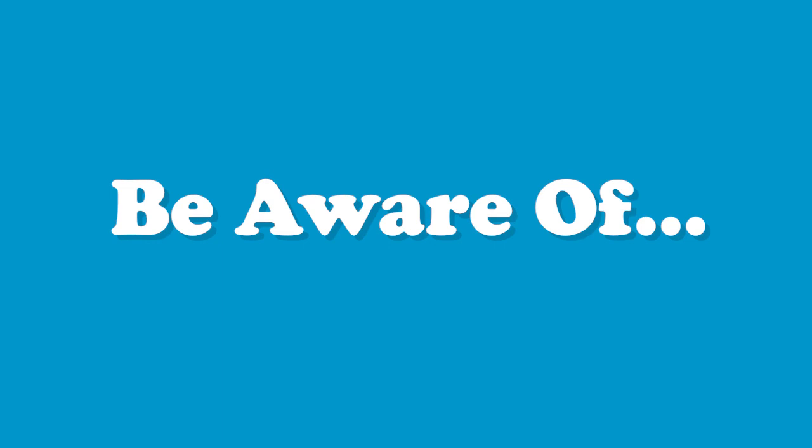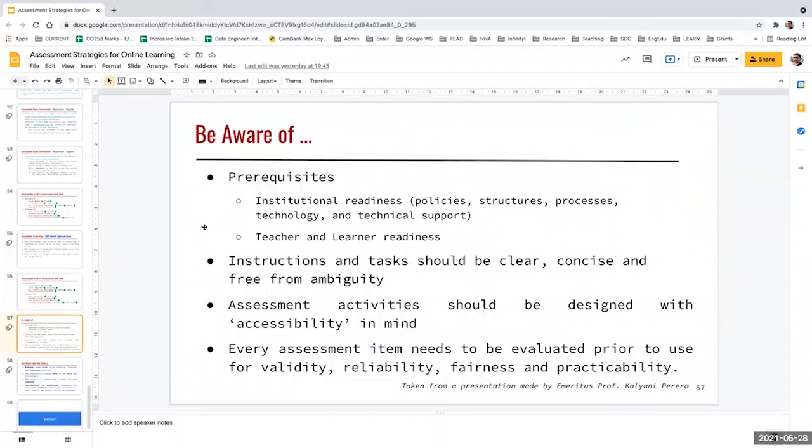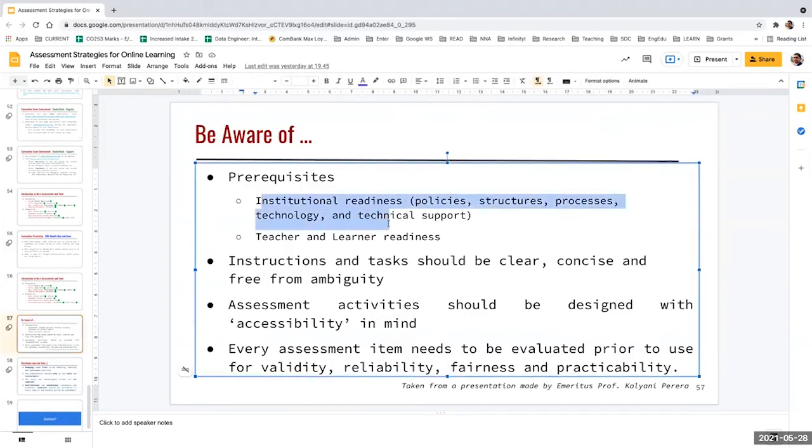We were talking about assessments. Remember, when you want to do assessments, we have to be careful. We have to make sure the institution is ready for it, and also teachers and learners are ready for it. And we have to be clear in giving instructions.